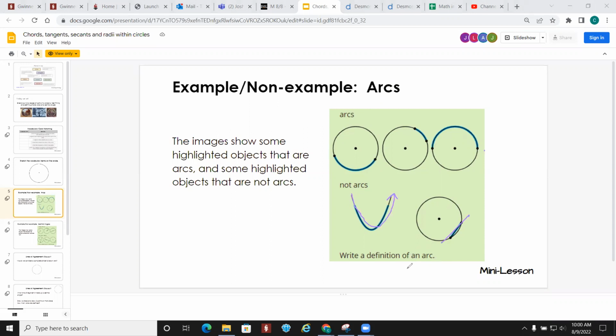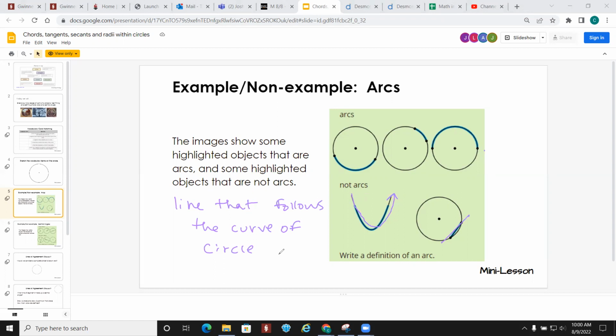So, can you write a definition of an arc? Yes. Okay, talk me through it. So basically a line that follows a circle but curves and stops at a certain point. The curve of the circle. Okay, so a line that follows the curve of a circle.